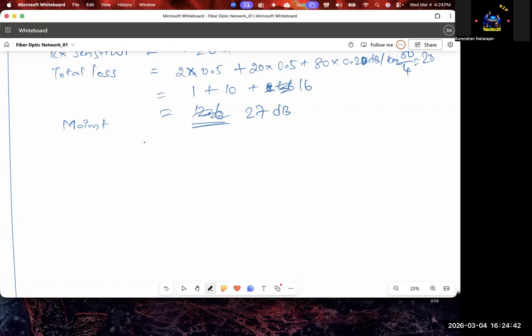Okay, so maintenance margin is nothing but what I told you: you do not fill the petrol exactly based on your calculation. You add some extra fuel for safety purposes, right? Similarly, here also we use the safety concept.